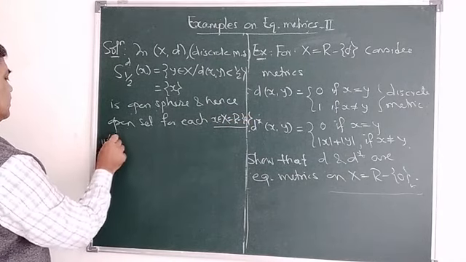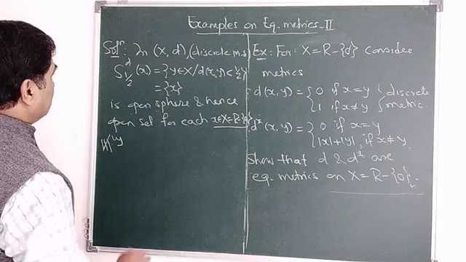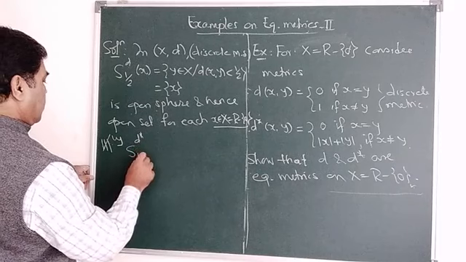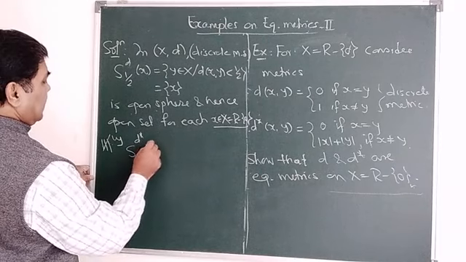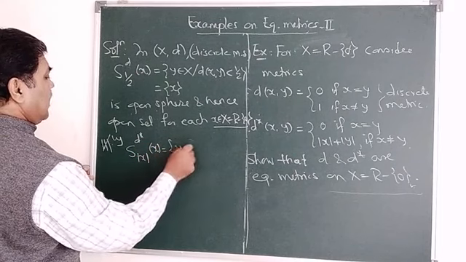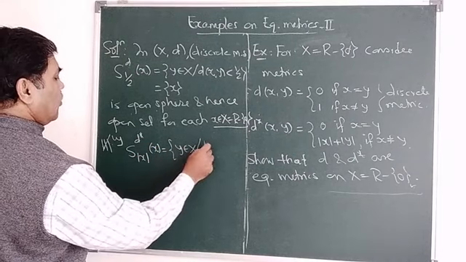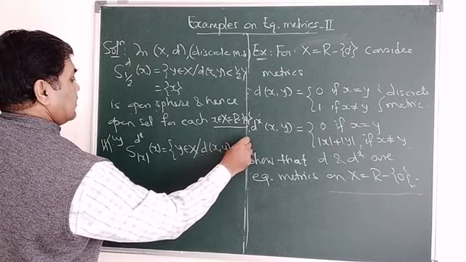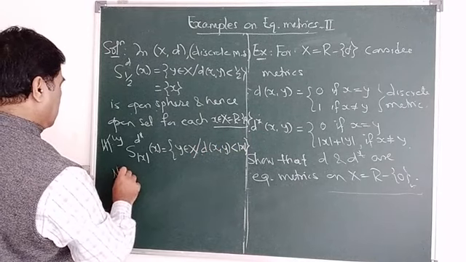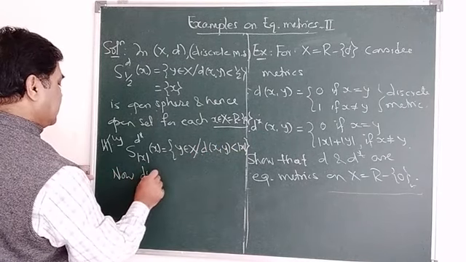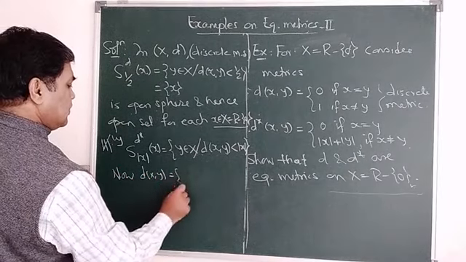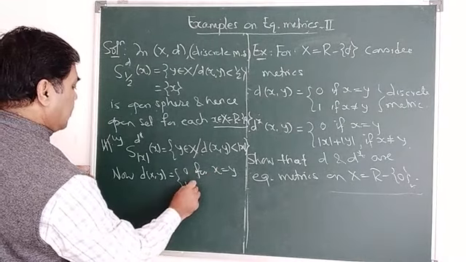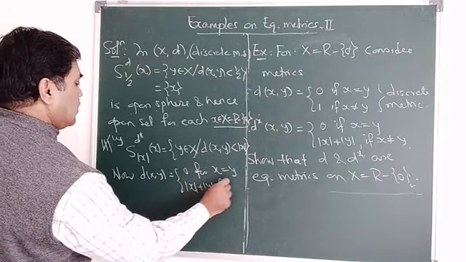Similarly, D star mod x of x is nothing but the set of y belongs to x such that d of x y is less than mod x. Now d of x y is equal to 0 for x is equal to y, and it is mod x plus mod y for x not equal to y.